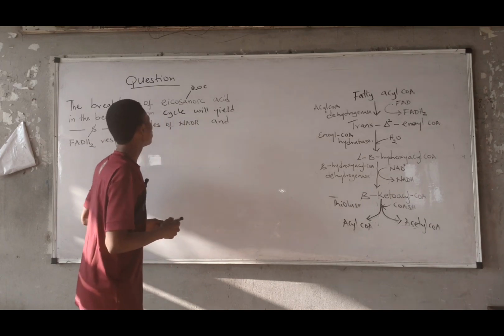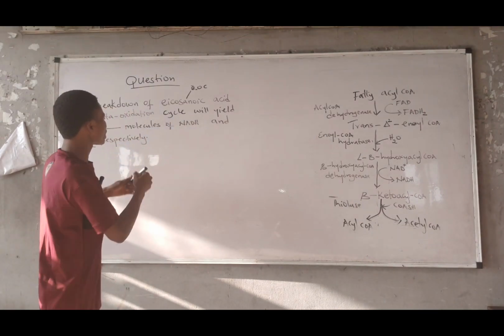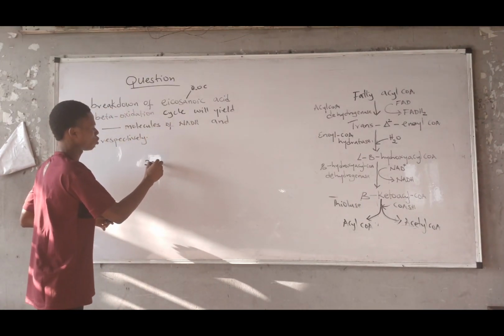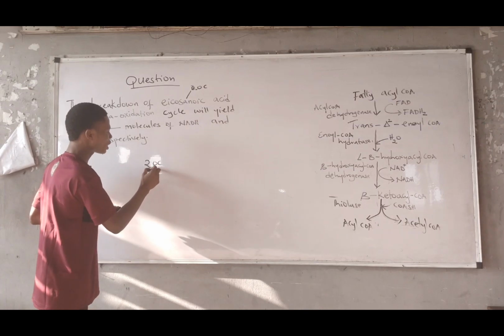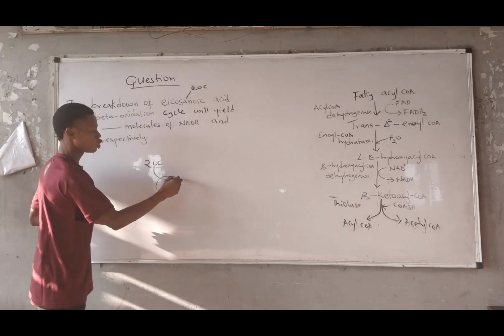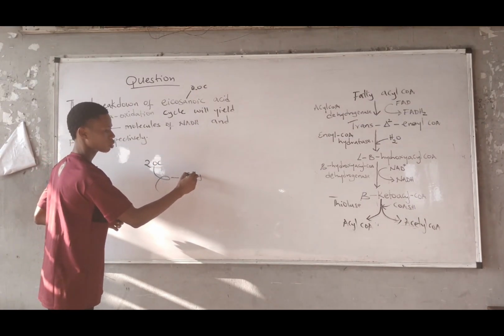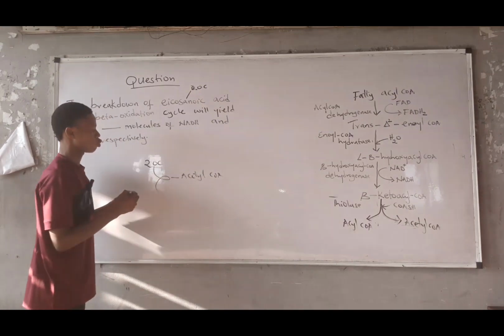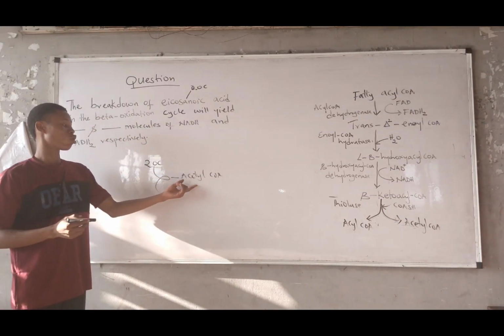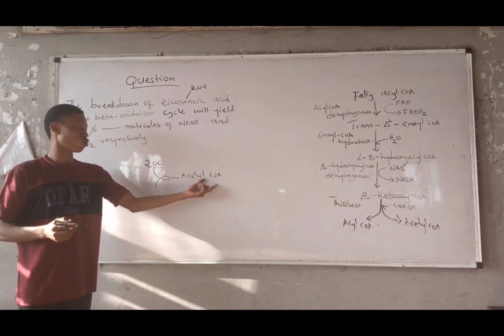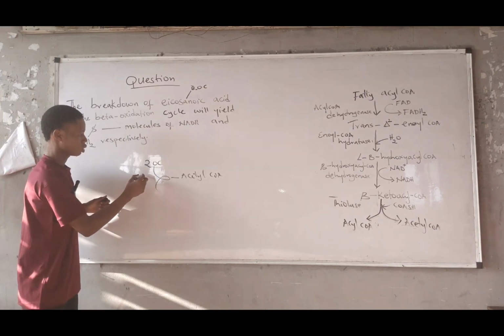Now if the fatty acid is 20 carbon, the first beta oxidation will produce one acetyl-CoA, and the acetyl-CoA is 2 carbon, so we've removed 2 carbon. We are left with 18 carbons.